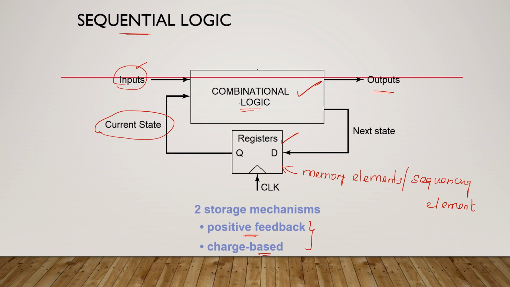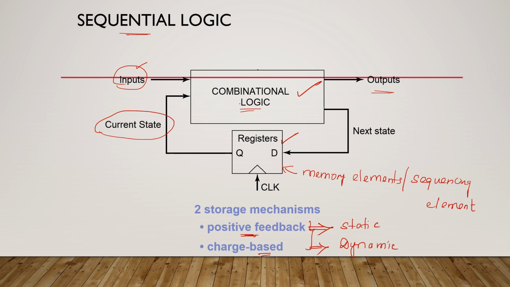If we are using memory elements with positive feedback, then it is called a static register or static latch. Suppose the circuit or register uses a capacitor associated with MOS transistors to store the data, it is called dynamic. So the main difference between dynamic and static is that static uses positive feedback, whereas dynamic uses capacitors to store the data.